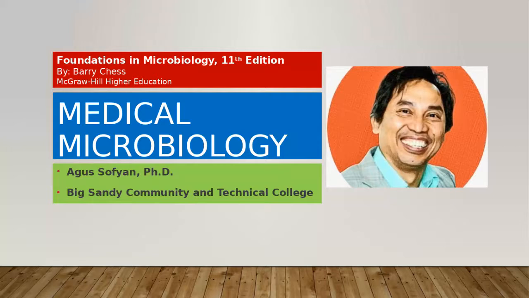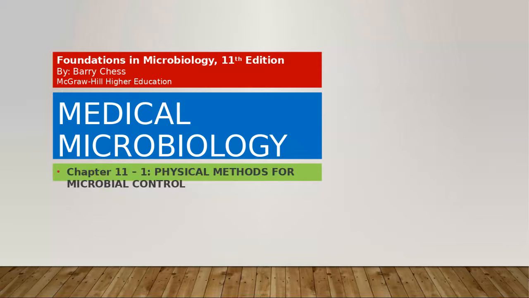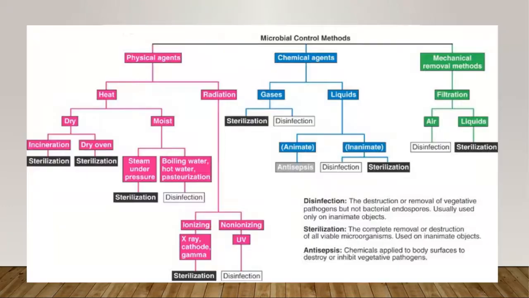Today we will continue chapter 11. It's going to be the second lecture and it will talk about the chemical agents used for microbial control. Remember this classification for the agents or the methods: physicals and mechanicals are combined in one group.